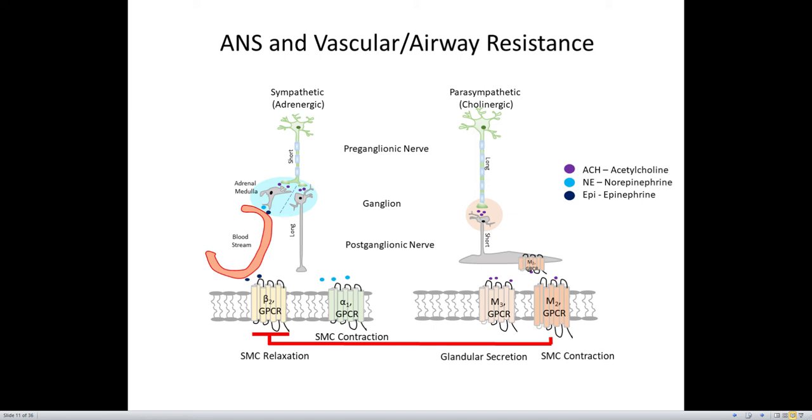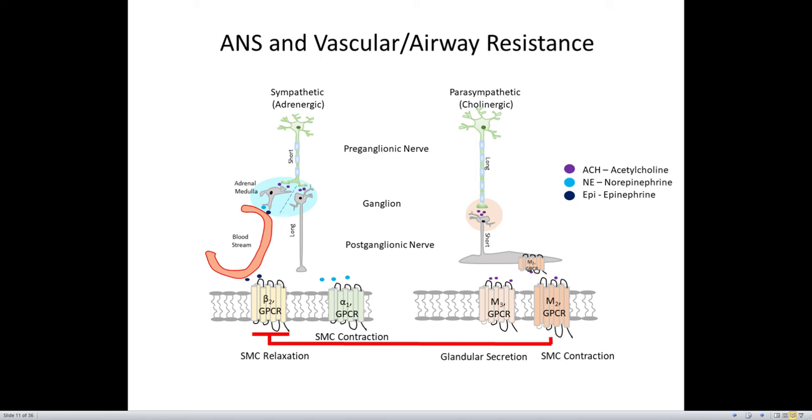This epinephrine and norepinephrine are going to bind to the beta-2 receptor and the alpha-1 receptor. Both of these have opposite effects. So binding to the beta-2 receptor will cause, in an agonistic way, so norepinephrine and epinephrine are beta-2 adrenergic agonists.